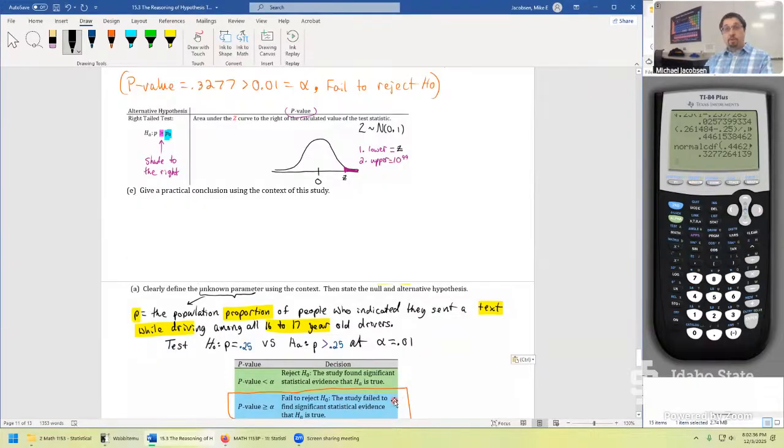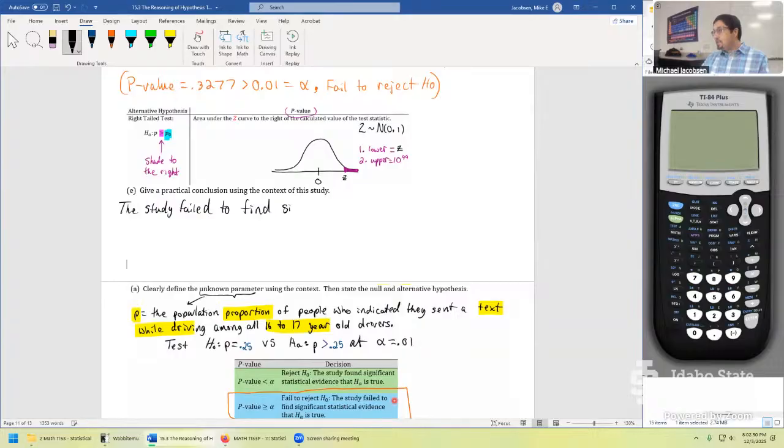So borrowing this language, we might say the study failed to find or provide, however you'd like to say it. I'll say failed to find significant statistical evidence. And let's mention our significance level alpha.